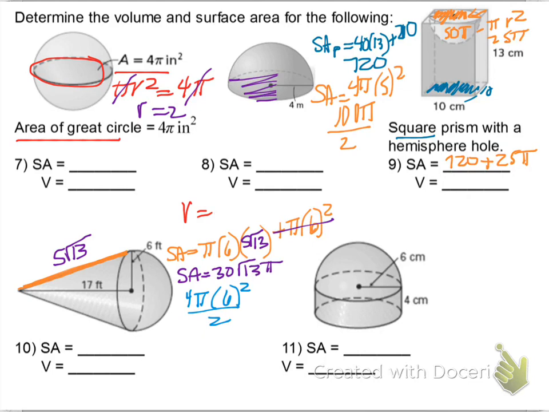So that would be 36 times 4 divided by 2 is 72 pi. Okay, and so here our total surface area would be 72 pi plus 30 root 13 pi.